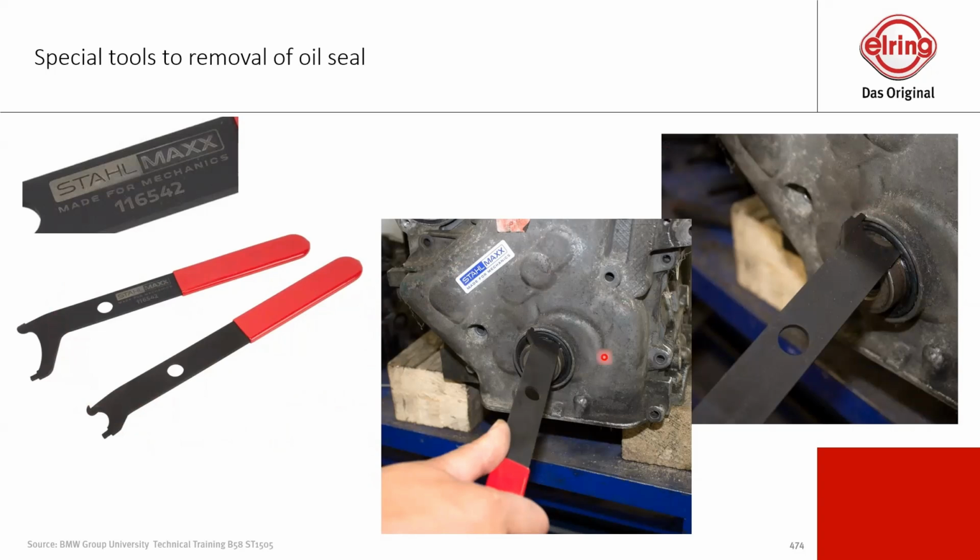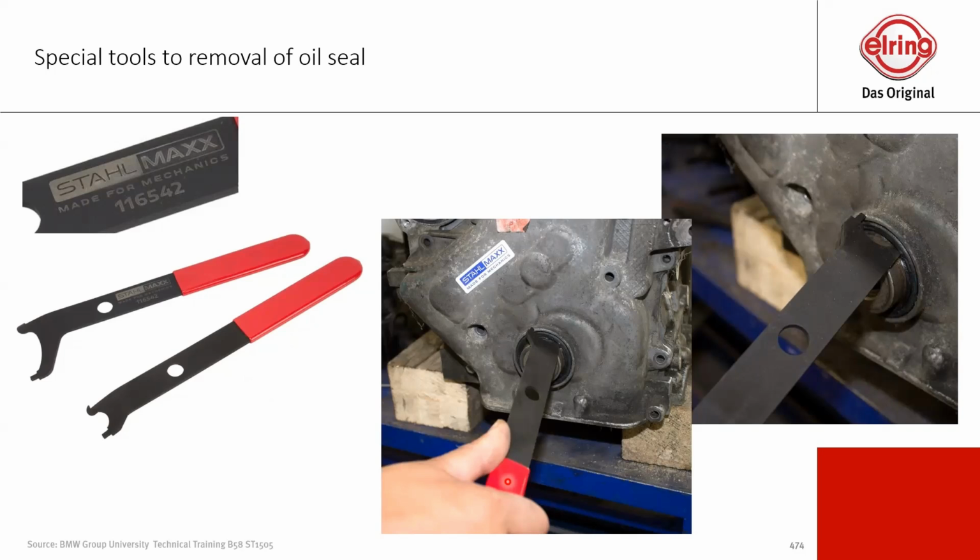And the next step is quite easy. You only have to pull the handle to this side. If you pull it out, then immediately you pull the oil seal out, and it's quite easy and simple. You will dismount the oil seal with close to no defects around the oil seal. So this tool, you can use it everywhere.